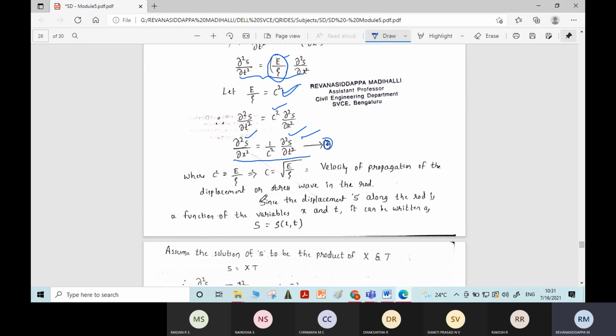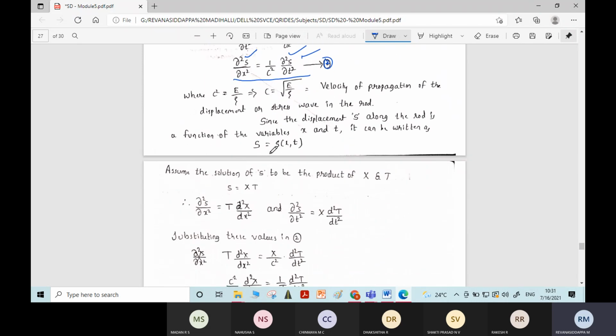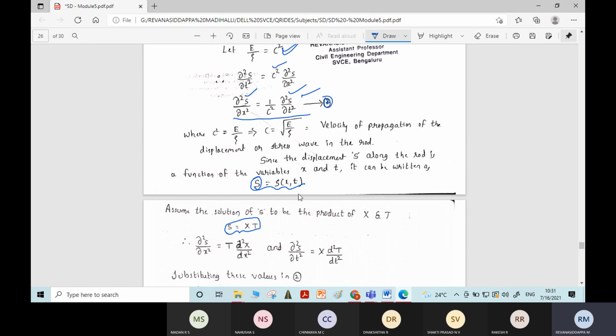For that we have to utilize one more condition, that is s is equal to X(x) into T(t). This expression means we take the solution of s to be the product of a function of x and a function of t, where s is the displacement. This displacement mainly depends on the length of the element and the time with which the force is applied.